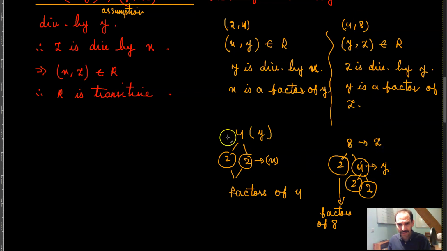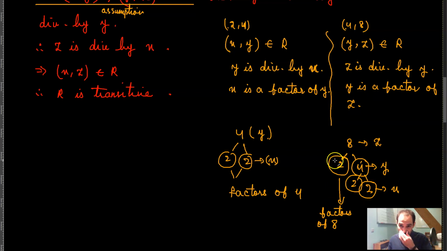So you can see that 4 is a factor of 8, and then basically you have the same thing over here, meaning that you have 2 2's here, which is basically the same thing over here. So these are basically my x's over here, right? So you have z, y, and x.